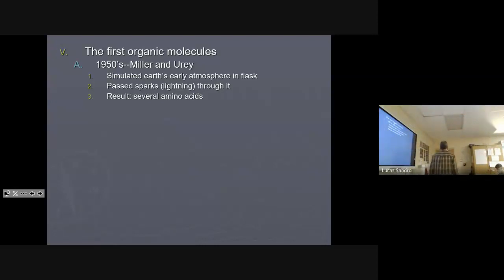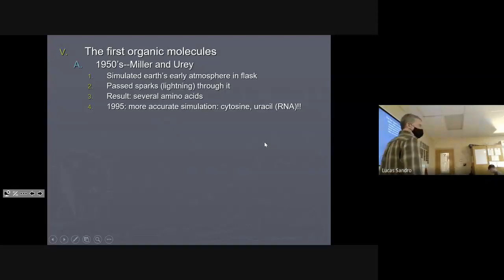In the 90s, some folks decided, well, we know some more stuff about what the early Earth's atmosphere was like. They did a more accurate simulation based on more current understanding, but very similar, passing sparks through it. And they got cytosine and uracil, which you should remember as nitrogenous bases that match up in RNA.